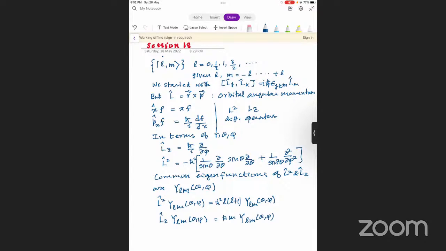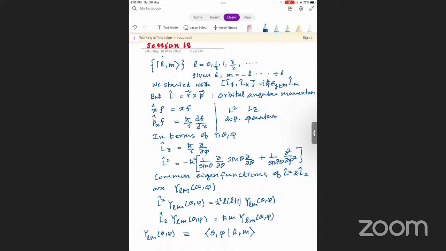Now, in some sense, Y_lm(theta, phi) is like you have this abstract state L comma m, and then you take a coordinate basis representation of this, then you get this Y_lm.